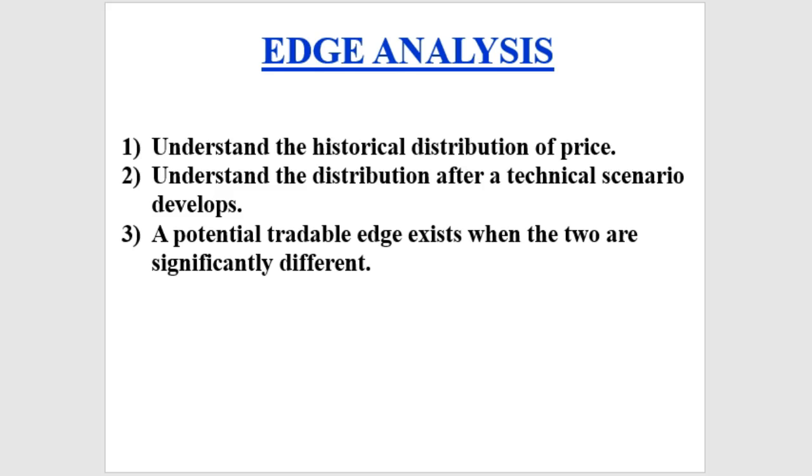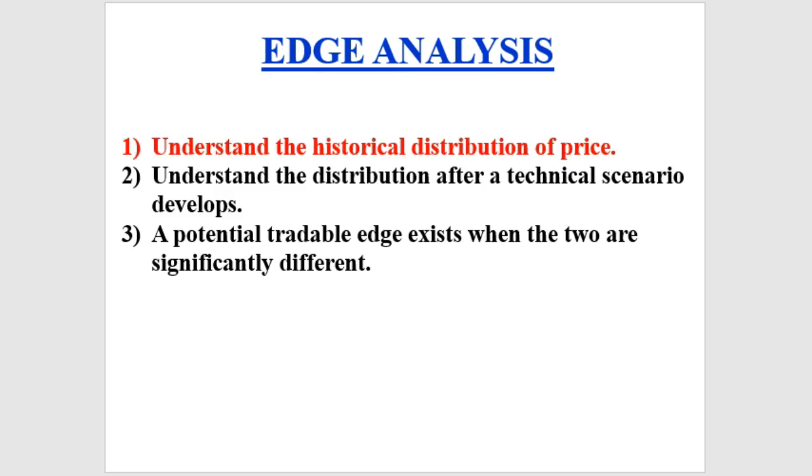Then we take this same technical scenario and look at what the distribution of price was under these same conditions that we had at the end of Friday. If the two are different, if this condition has a different distribution than the random historical distribution, then there might be a tradable edge for us to take a peek at.